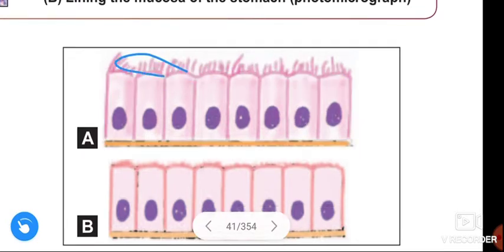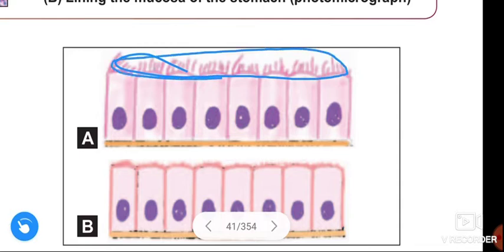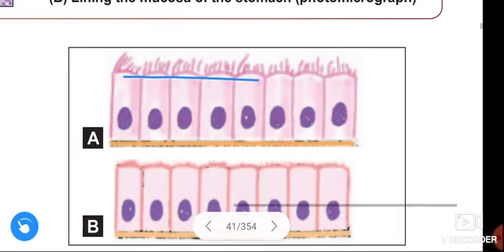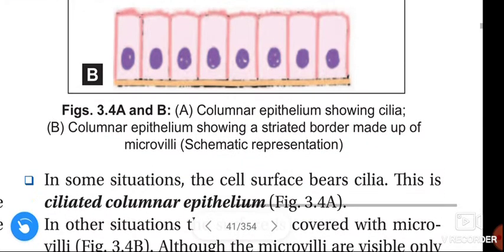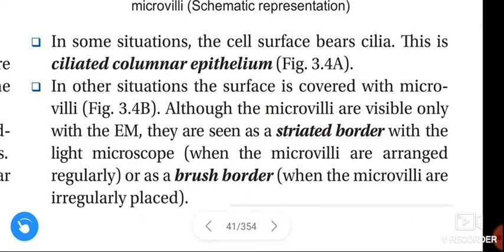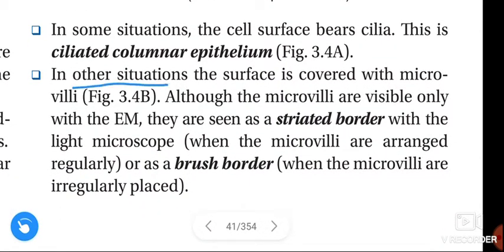You see here clearly, these cells bear the cilia. It is a ciliated columnar epithelium.